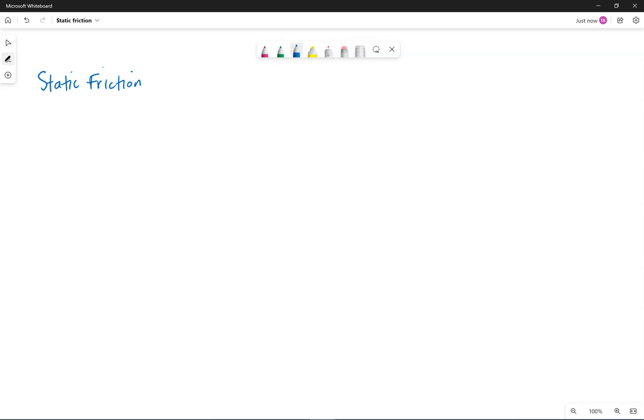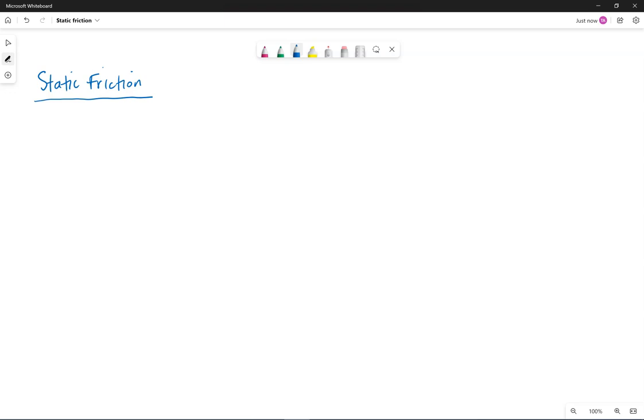So we've done a number of examples that have included the force of kinetic friction. Kinetic friction is the friction an object experiences as it is sliding on a surface. I want to take a few minutes to talk about static friction as well.